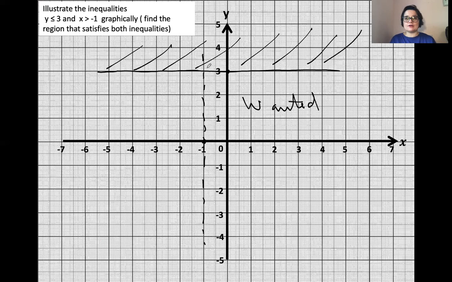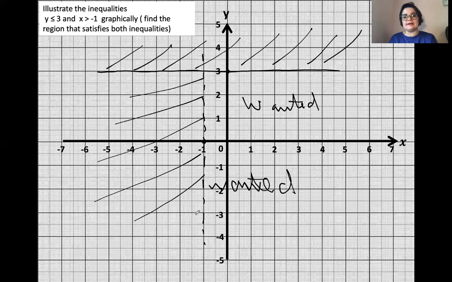So all the points on the right-hand side of the graph, x bigger than -1, starting from the dotted line. And that means you are going to shade out the unwanted area. So this is the unwanted area.